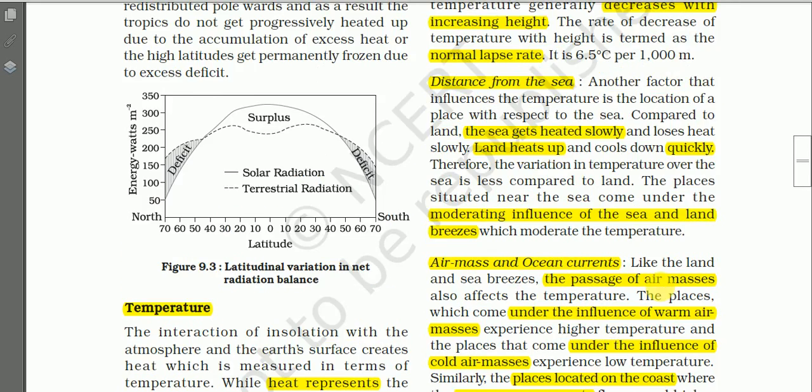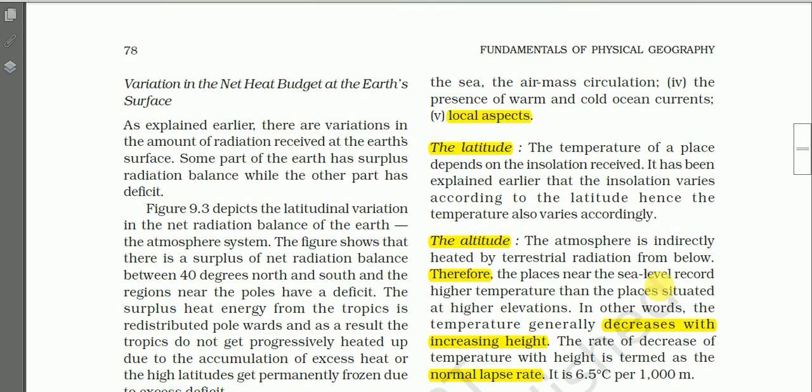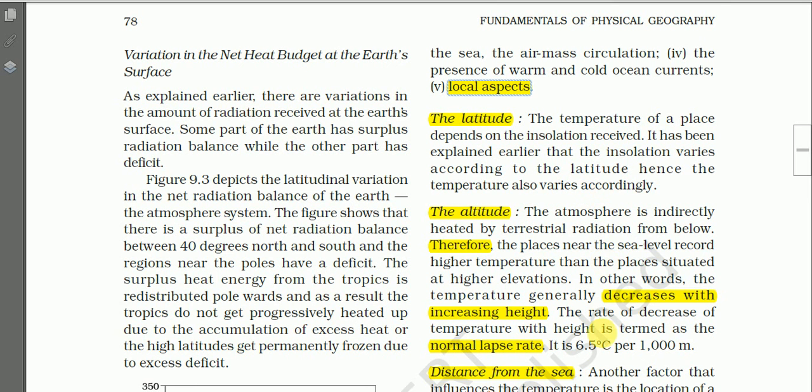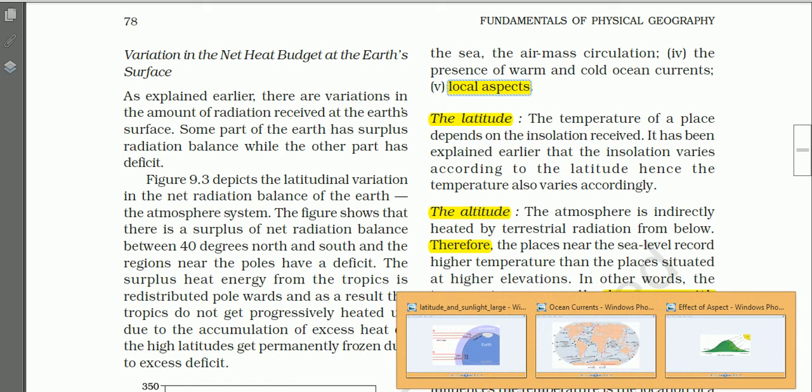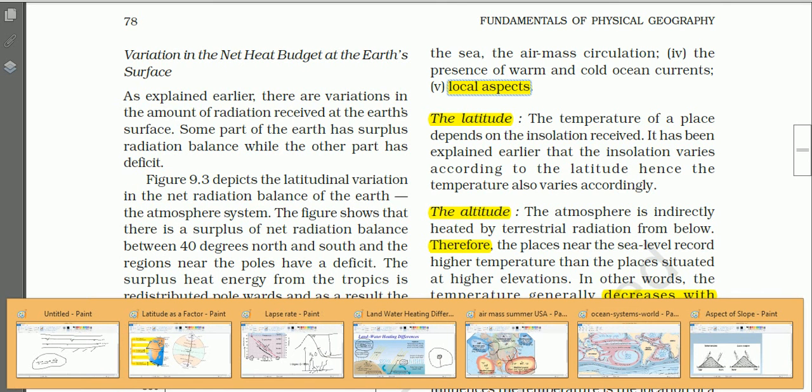Then the last important factor, not explained here, is the local aspects. I have explained this to you many times. Local aspects means the direction of the slope, and here we have a diagram.